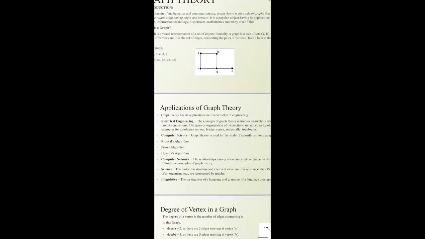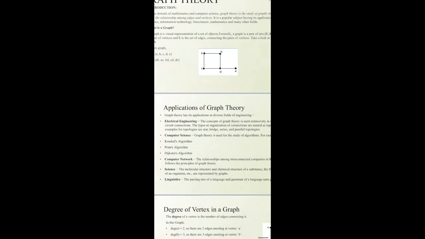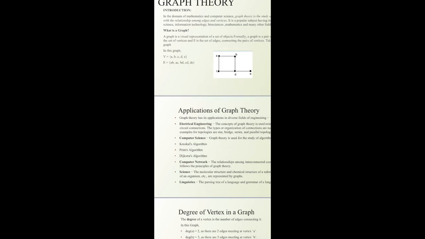Let me use an example. Here you can see a graph where A, B, C, D, and E are the vertices, and lines join A and B, A and C, C and D, and so on. These are all edges. This is the set of edges.